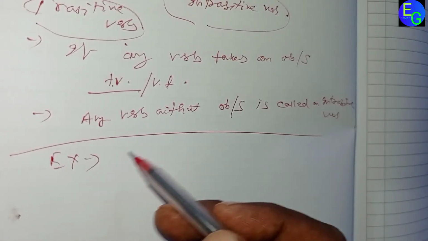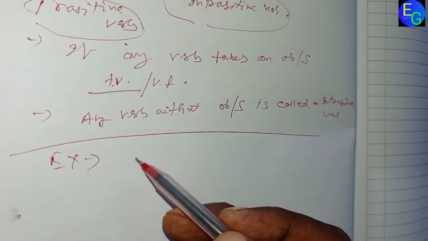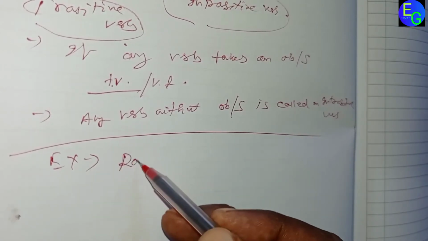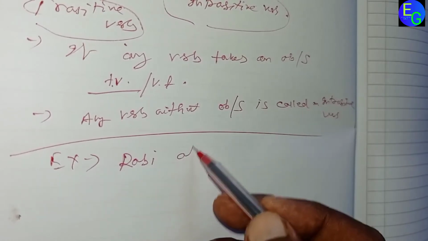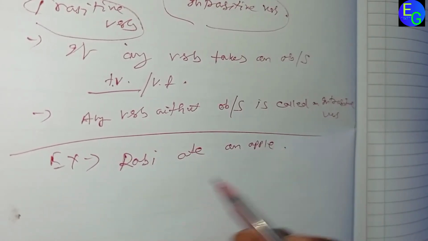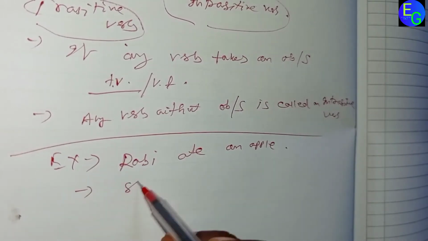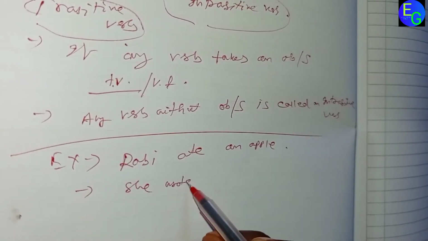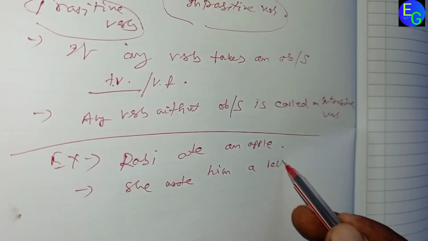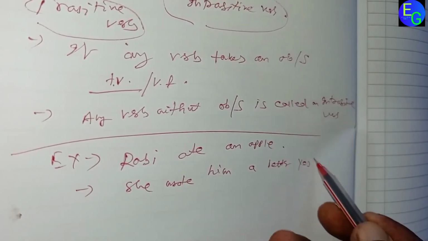How to recognize a transitive verb in a sentence? Suppose, number 1: Ravi ate an apple. Number 2: she wrote him a letter yesterday.